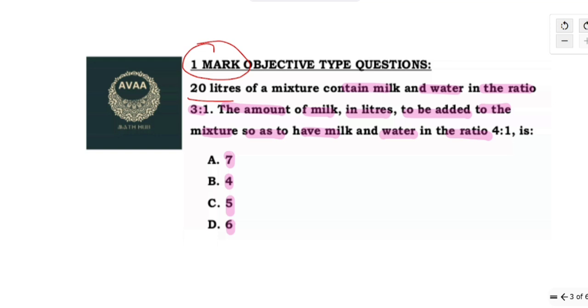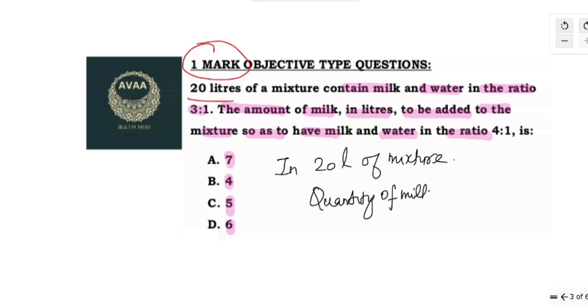So here in 20 liters of mixture, quantity of milk is actually 3 out of 4, because the first one contributes our milk, second one denotes our water.